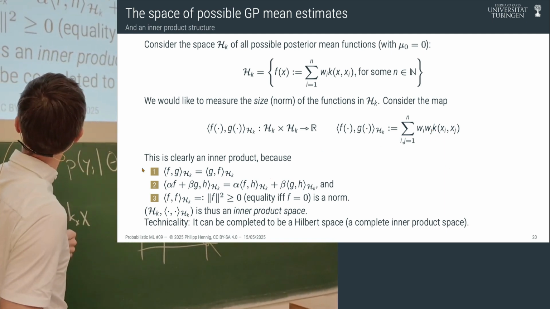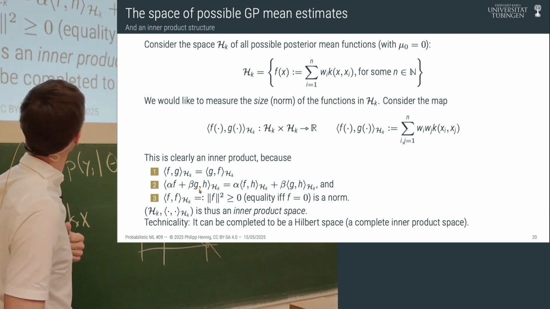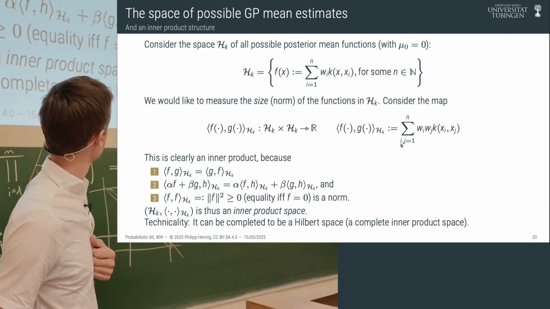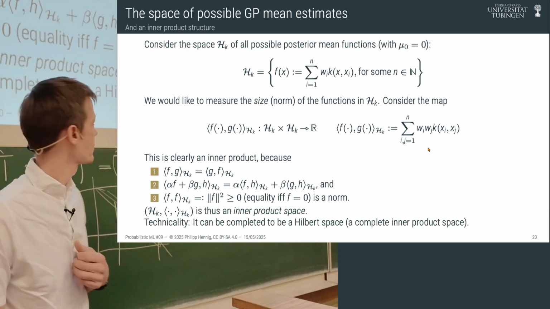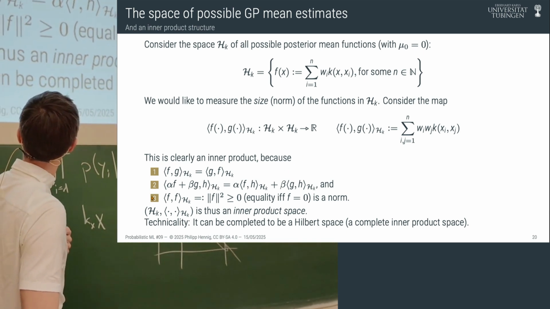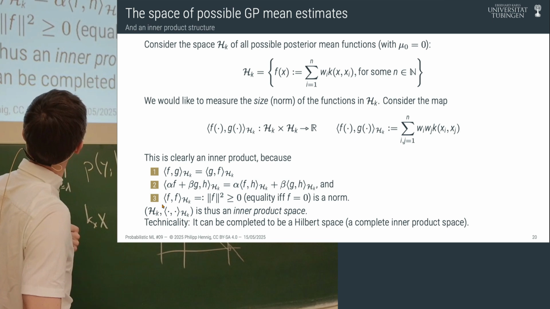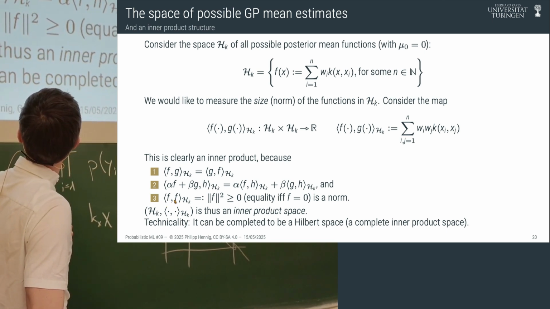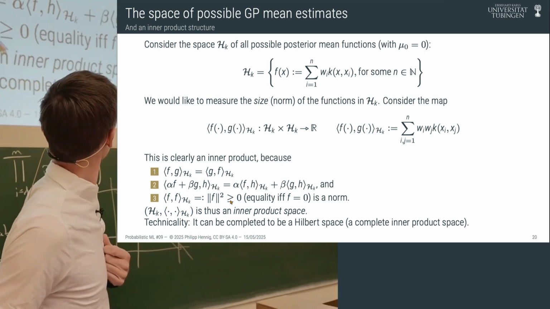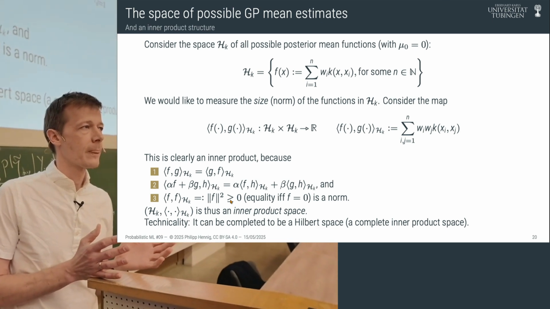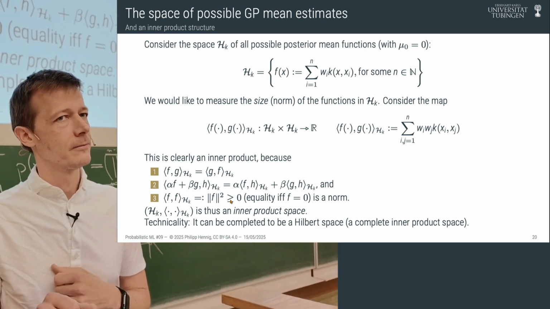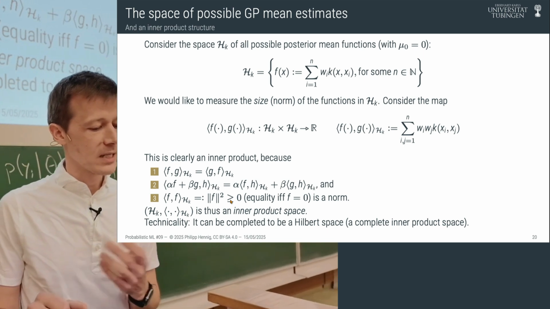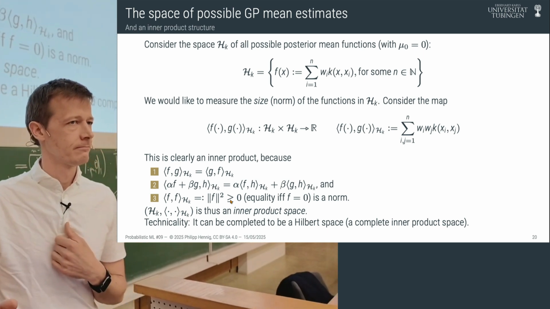It's also linear, bilinear actually, in both of its arguments. You can convince yourself that that's the case for real numbers, alpha and beta, and two functions. And it has the property, that's a little bit less obvious, that the inner product of f with itself, which we also call the norm, is always larger or equal than 0 and equal only if f is equal to 0.